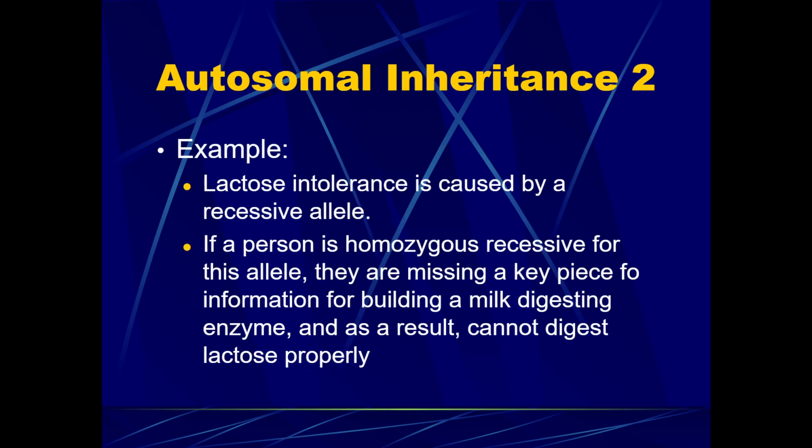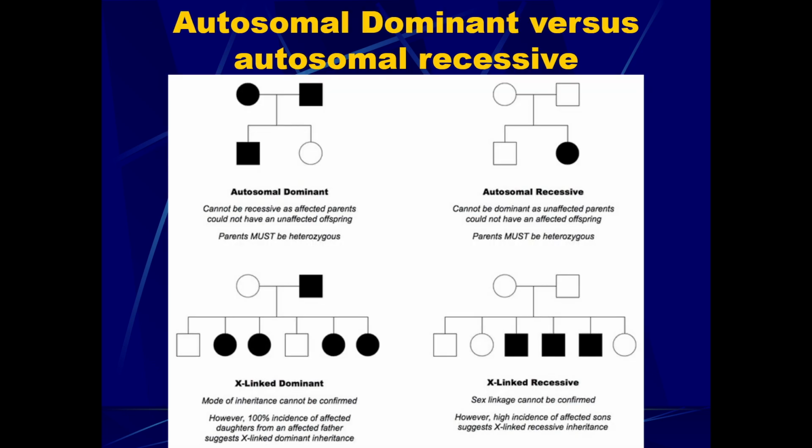A good example is lactose intolerance. It's caused by a recessive allele. So if a person is homozygous recessive for this allele, they're missing a key piece of information that would help build a milk digesting enzyme. By missing that, they can't digest lactose properly, so they would have the disorder. Being homozygous recessive for something that's autosomally inherited recessively would give you the condition.